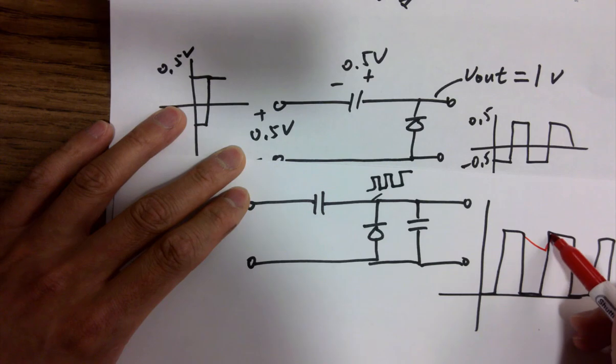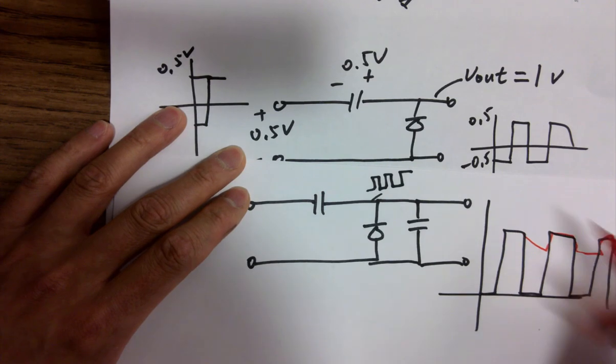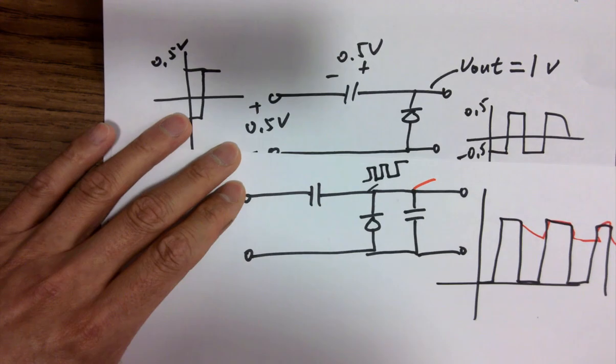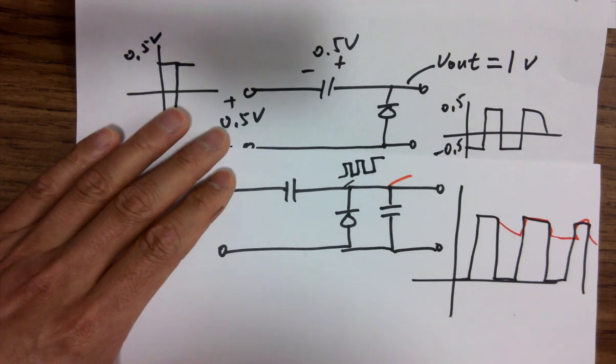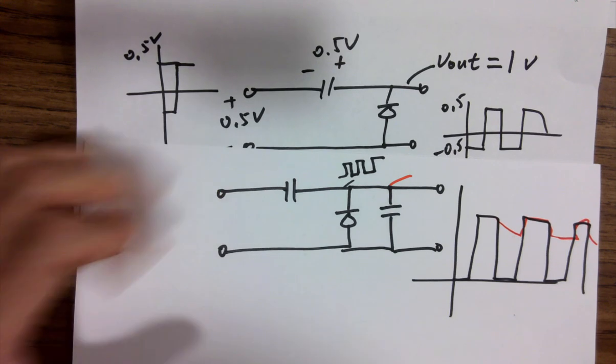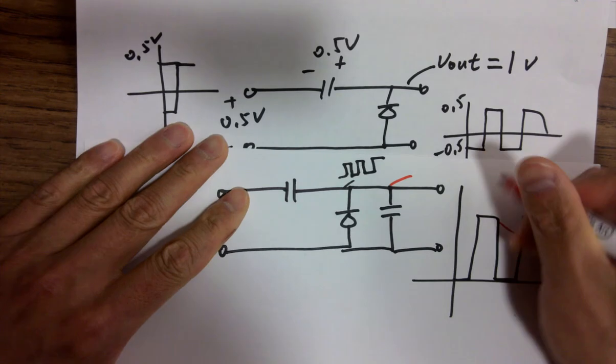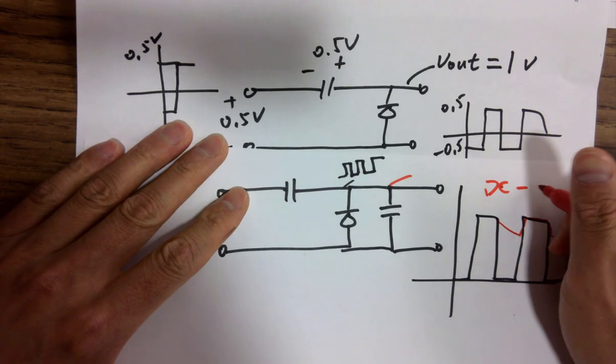So it's going to do this for the output over here, and you are forming a DC voltage at the output. DC 1 volt, very close to 1 volt DC.